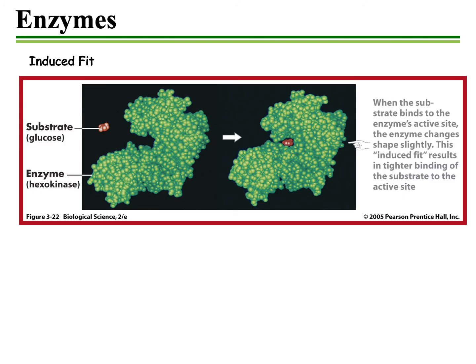So what I'd like to do is add a few additional terms and set the stage for discussion of enzymes. The first thing I want to mention is that enzymes, again, speed up chemical reactions, but do not get consumed in those chemical reactions.